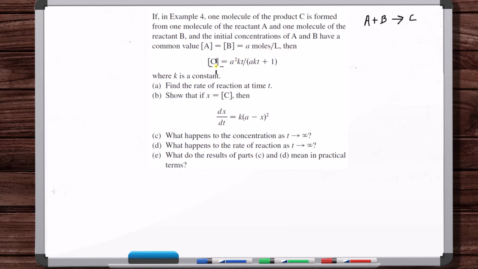Then we have an equation for the concentration of C as a function of time. Right? a is not a function of time. k is not a function of time. So we have just these t's here. k is a constant. Part a: find the rate of reaction at time t. The rate of reaction, that's the change in concentration with respect to time.